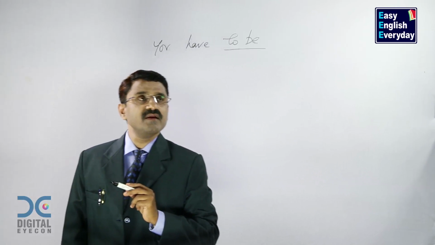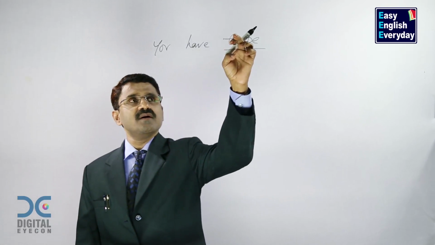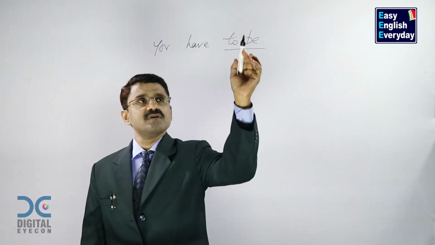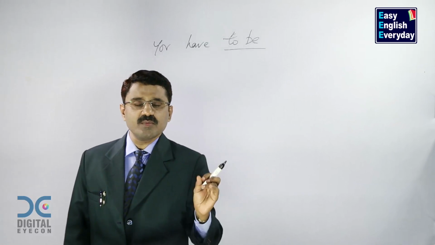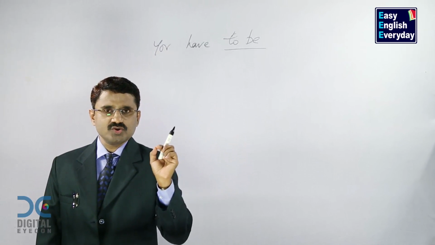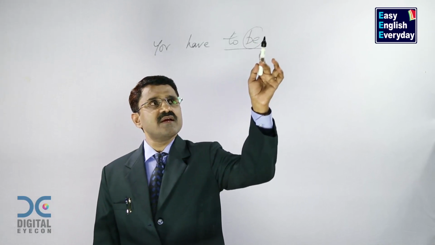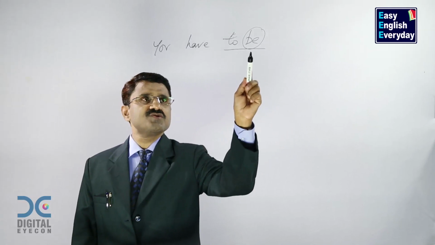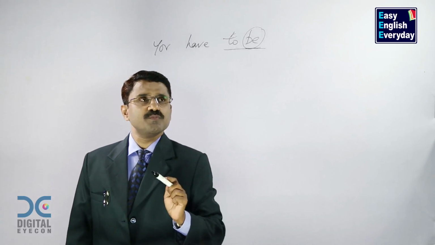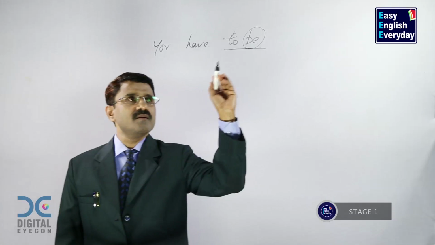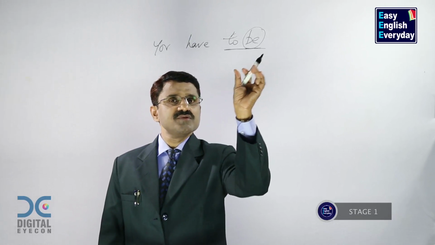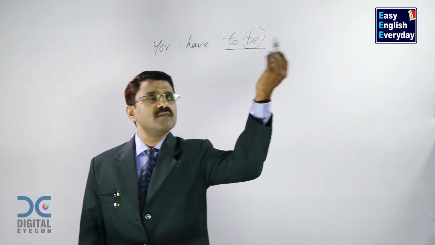Have you found any difference here? In the earlier examples, we used to plus the base form of the verb: to come, to go, to read, to write. You can use the same sentence with slight modification like this, to be. You have to be.